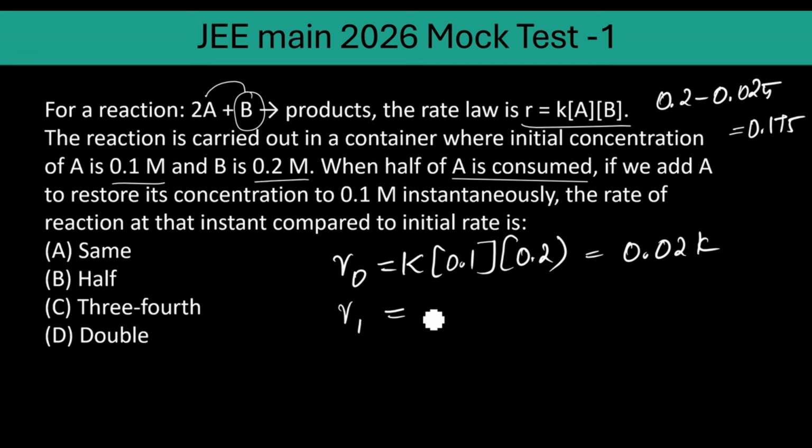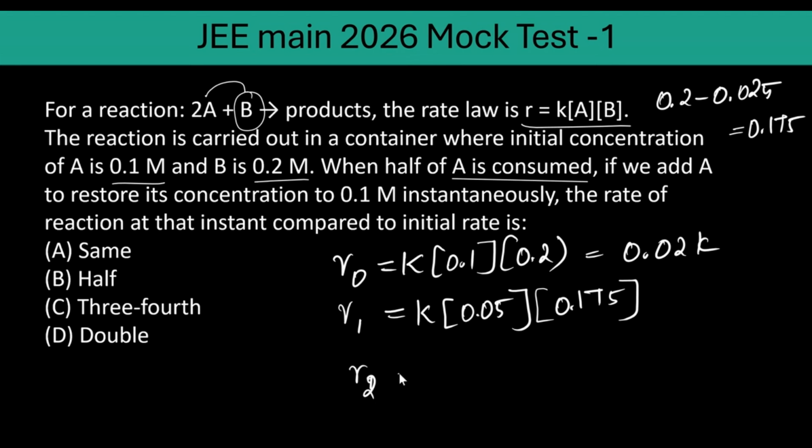So now the R value becomes 0.05 into 0.175. Okay, now what we have done is added A to restore its concentration.